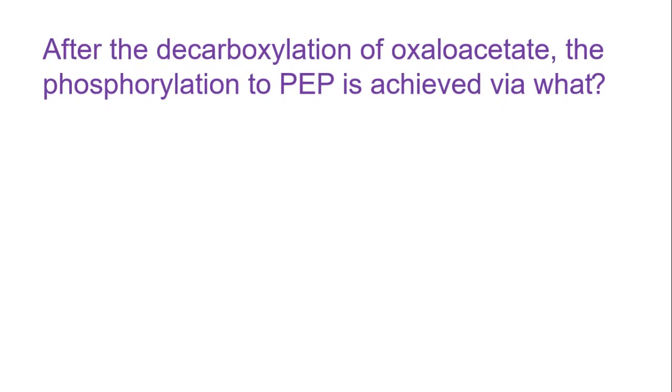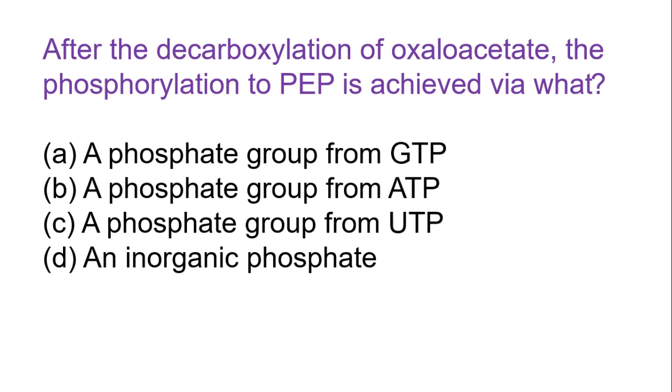After the decarboxylation of oxaloacetate, the phosphorylation to PEP is achieved via what? A, a phosphate group from GTP; B, a phosphate group from ATP; C, a phosphate group from UTP; D, an inorganic phosphate.